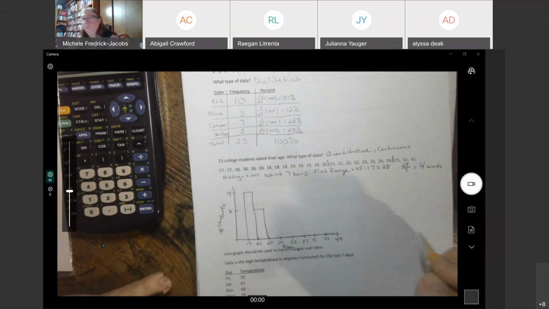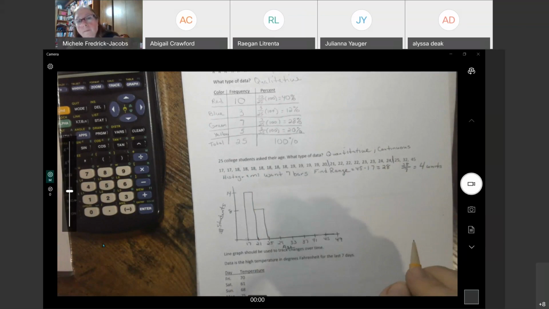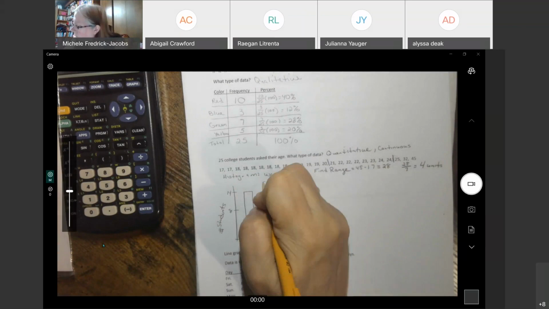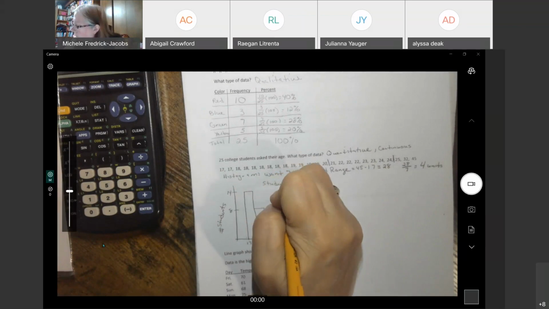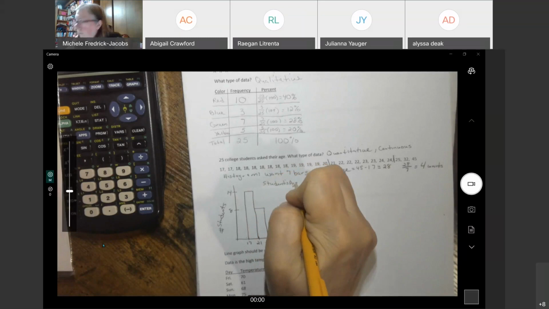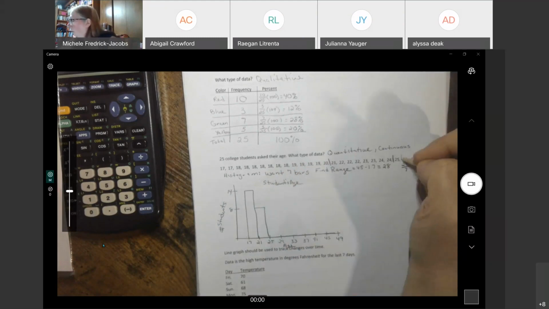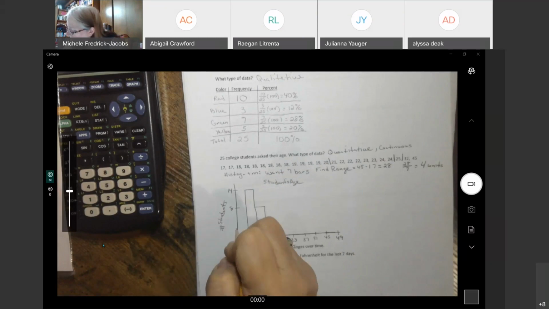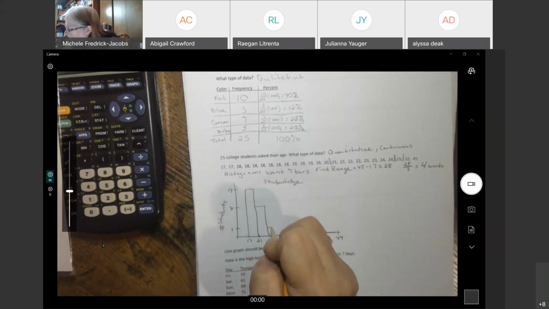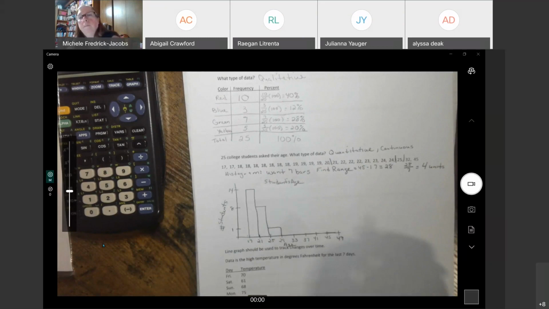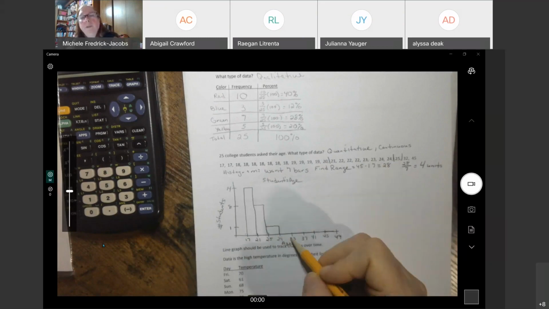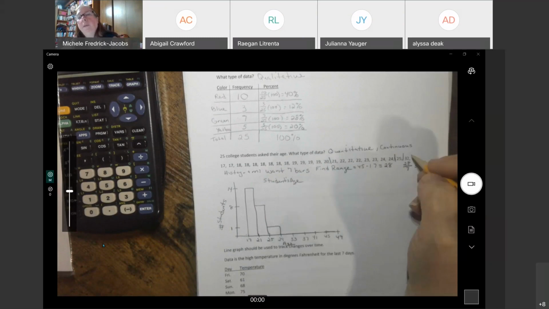When you have a histogram, the bars cut. 25 up to but not including 29. There's only one. 29 up to 33 but not including it, there'd be one.